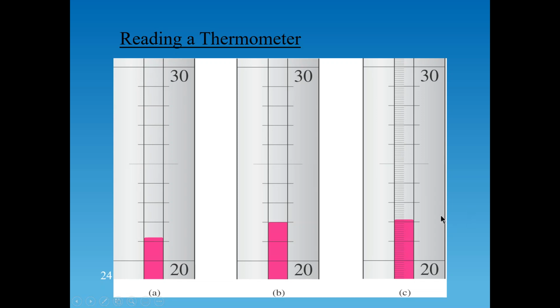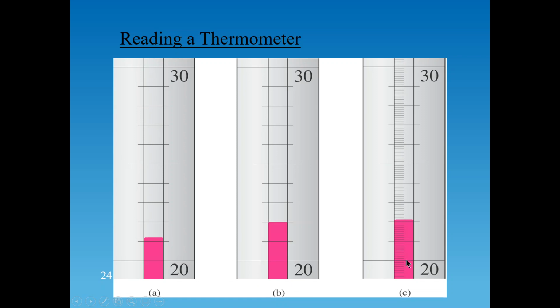So let's say you are given a thermometer to take certain measurements, right? And we have these 3 measurements here for A, B, and C thermometers, right? Now you'll notice that in terms of the scale that is etched on the stem of the thermometer, these 2 have similar scales, right?